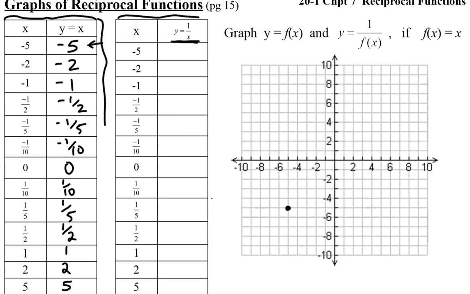See what you come up with. -2, -2, -1, -1, -1/2, -1/2, -1/5, -1/5, -1/10, -1/10, 0, 0. Because of these halves, fifths, tenths, it's going to be pretty squished in there, but do the best you can. 1/10, 1/10, 1/5, 1/5, 1/2, 1/2, 1, 1, 2, 2, 5, 5.